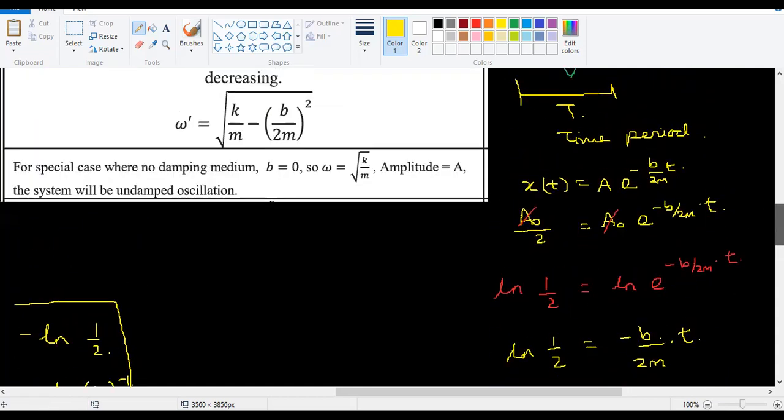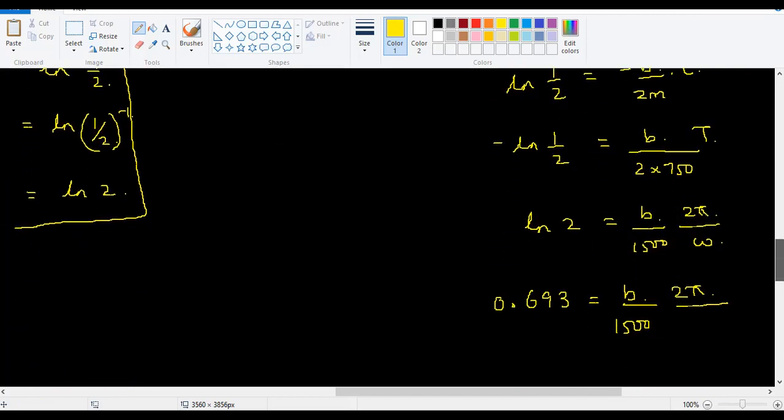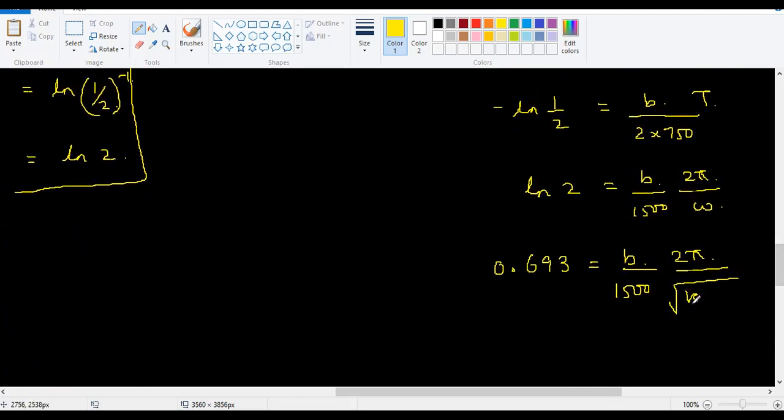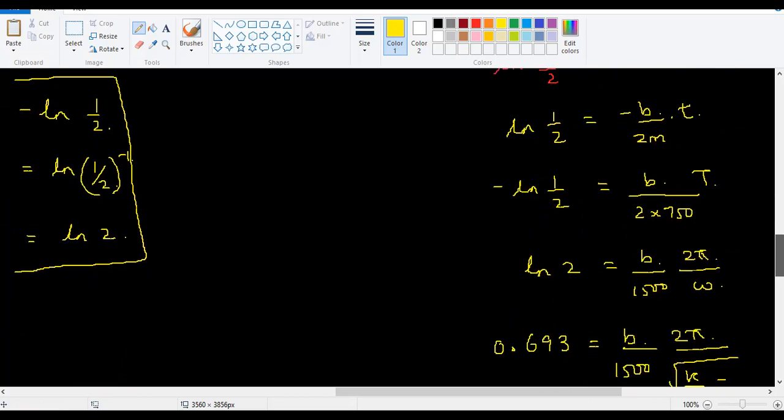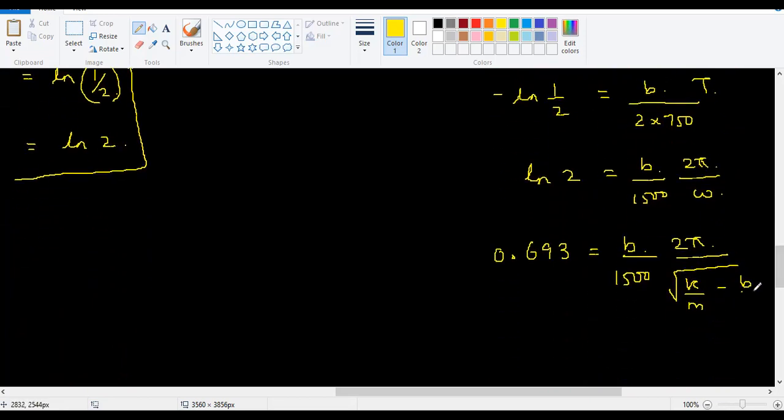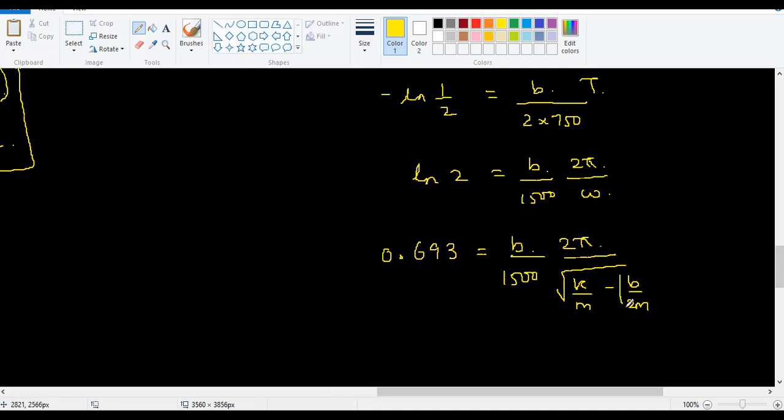So omega is square root of k by m minus B by 2m. You see, k is known, mass is known. B alone is not known. Here also B alone is not known, so solve for B.